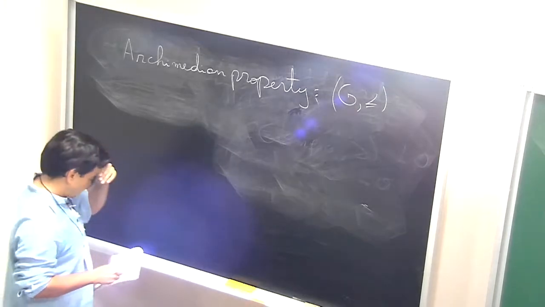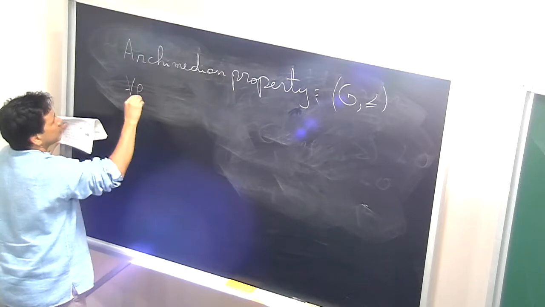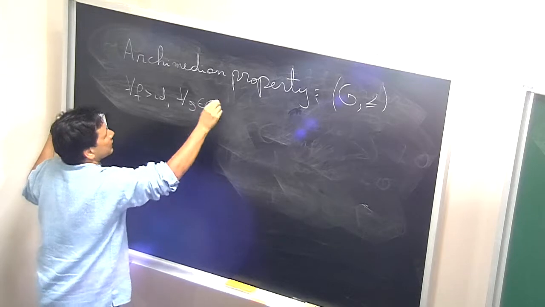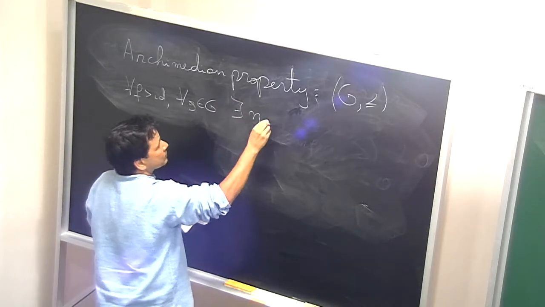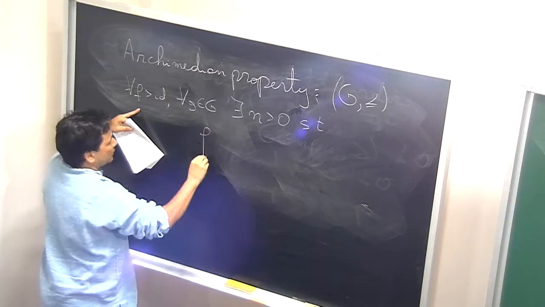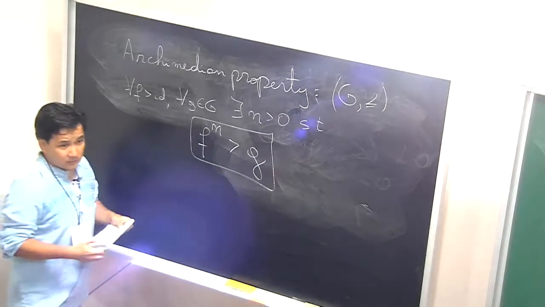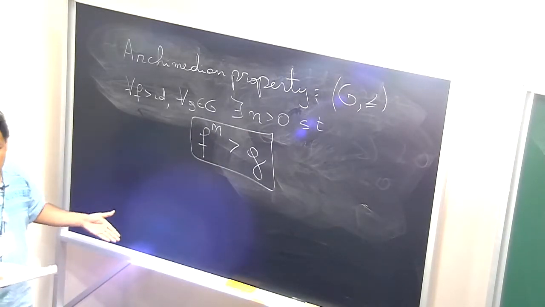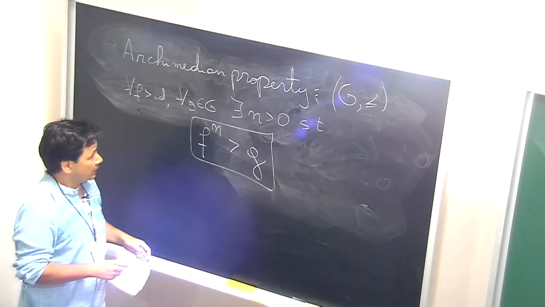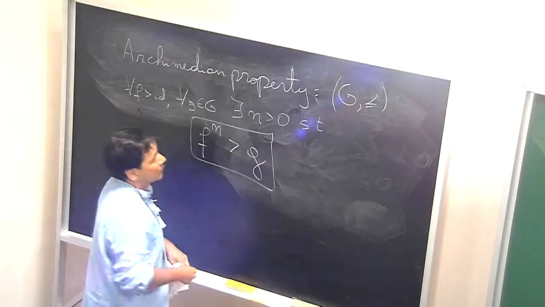This is, by definition, that for every F which is larger than the identity, and for every G in the group, there exists some power such that, well, this power is larger than G. Okay? This is a definition. This is the Archimedean property which holds for the reals, and you can define it in more generality for left order groups.